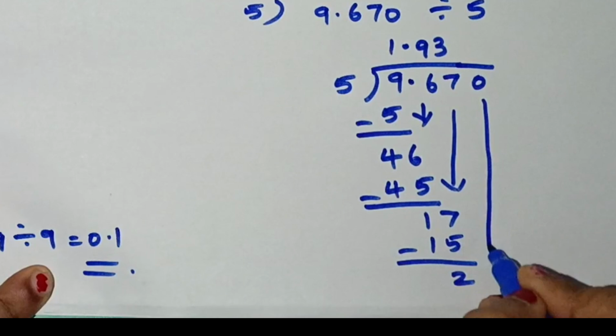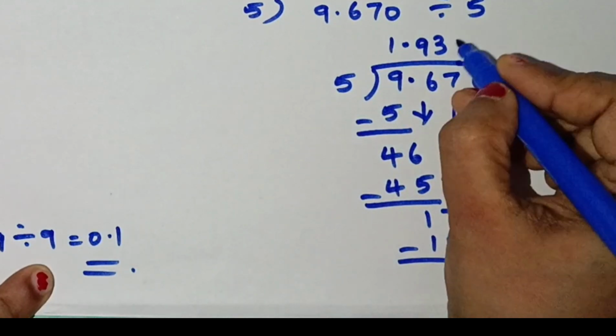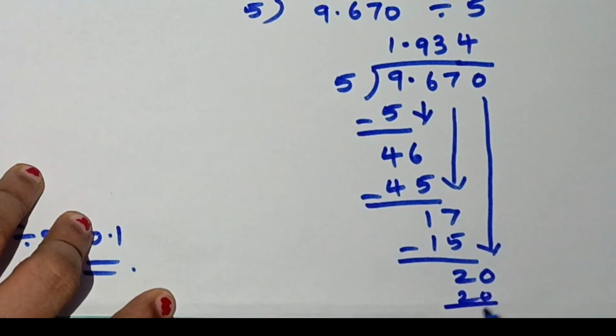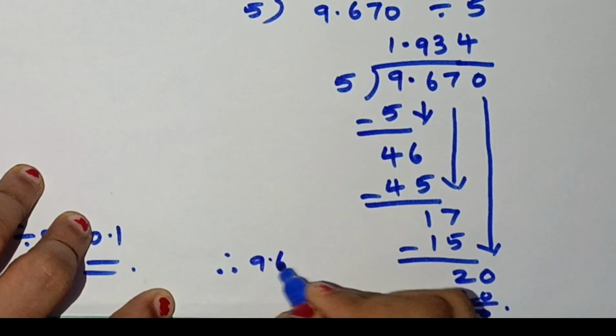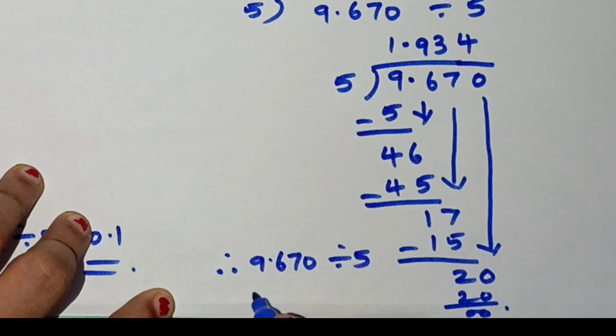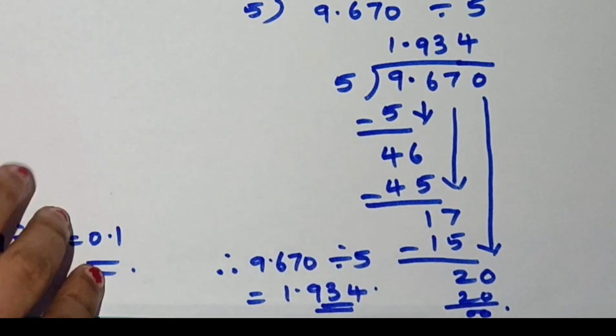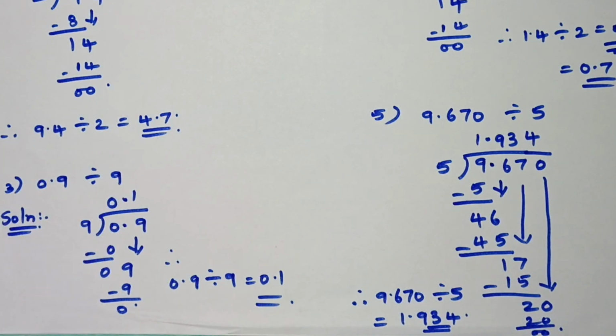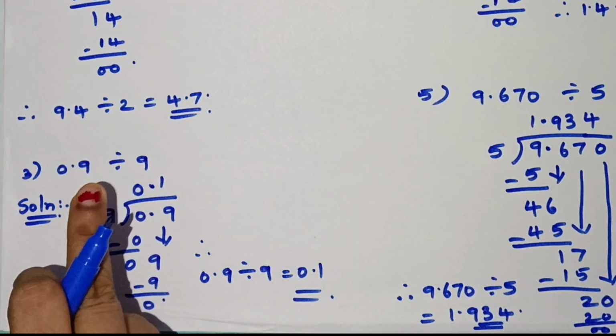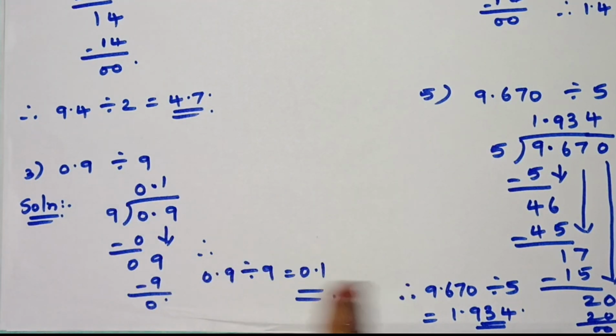Bring this 0 again down. Okay. So 5 fours are 20. So you got remainder as 0. Therefore 9.670 divided by 5 equals, what is the answer? 1.934. In this way we have learned division sums, how to divide decimals by a whole number. It means division of decimal by a whole number.